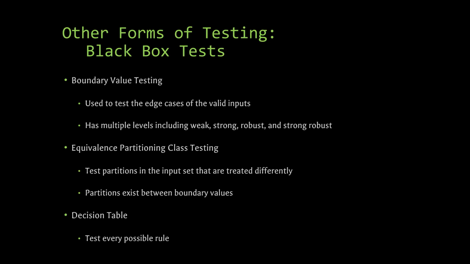If you have a piece of the software that is grouped, say you have a set of ranges that you treat differently, so a set from 1 to 100 is treated one way, 100 to 200 is treated another way, and 200 to 300 is treated a third way, then you're going to use equivalence partition class testing, and you're going to set those partitions up on the boundary values, because those functions are treated differently based on those inputs.